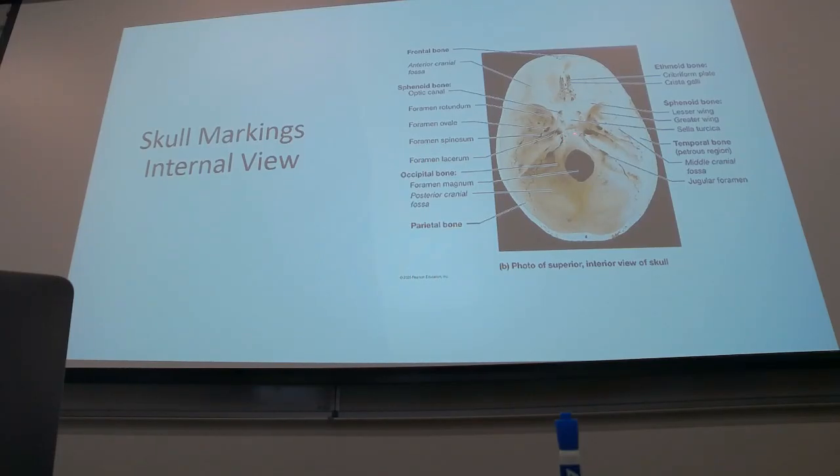Then this is the medial part of the sphenoid, so this is the sella turcica. The sella turcica is where the hypophyseal gland fits into.